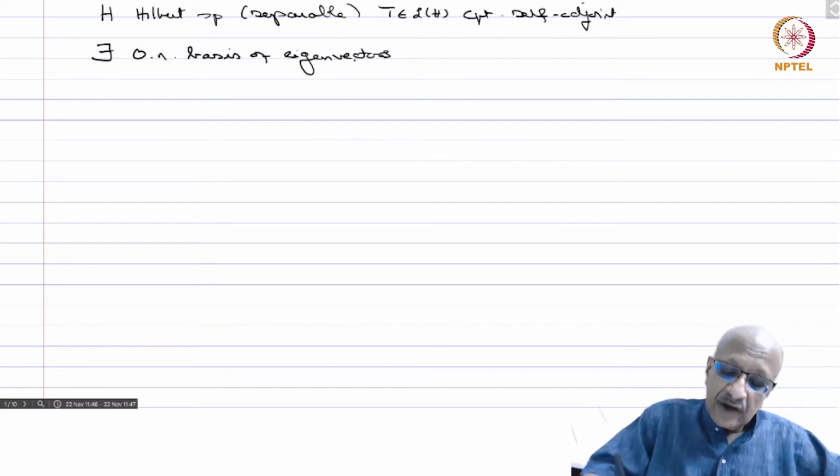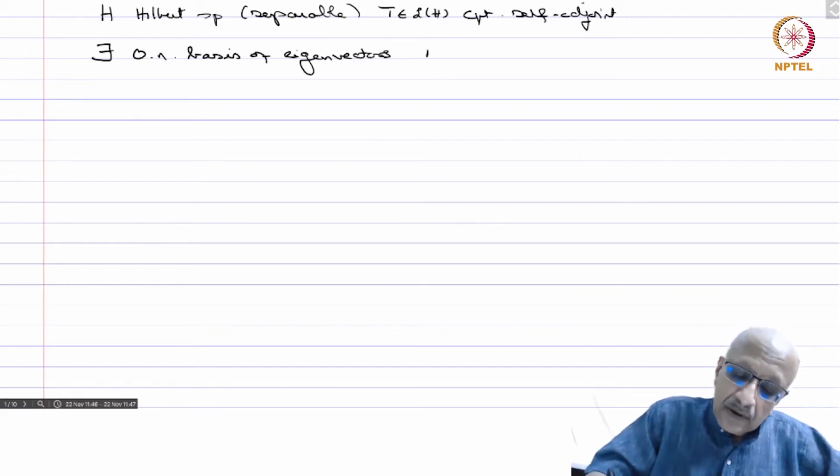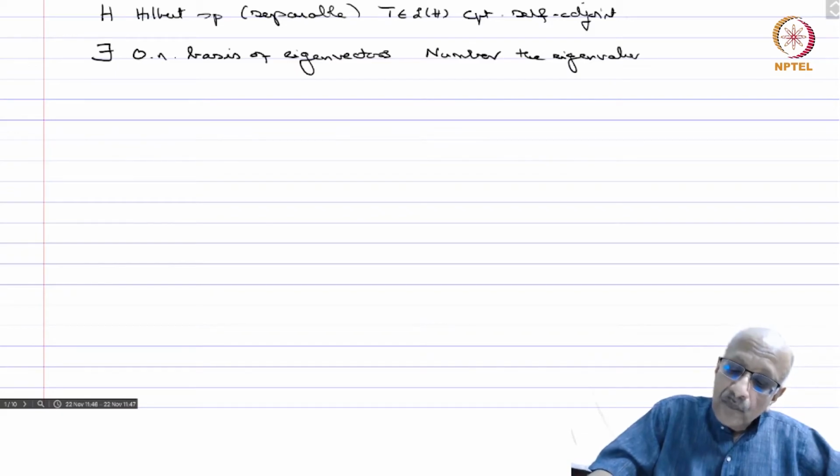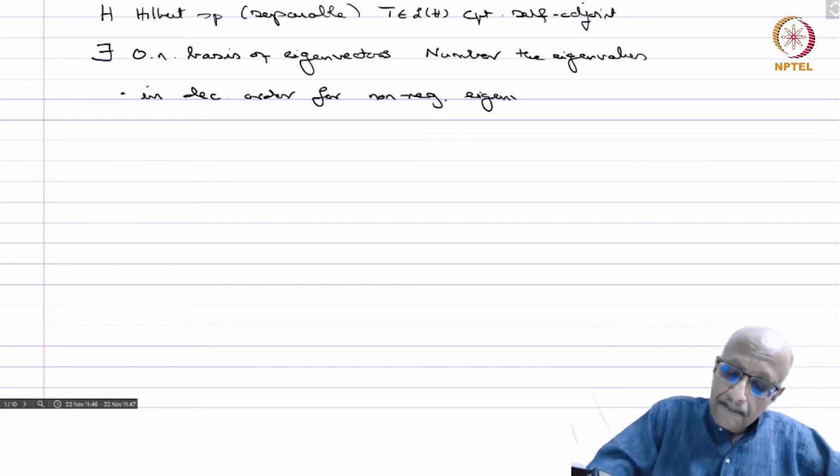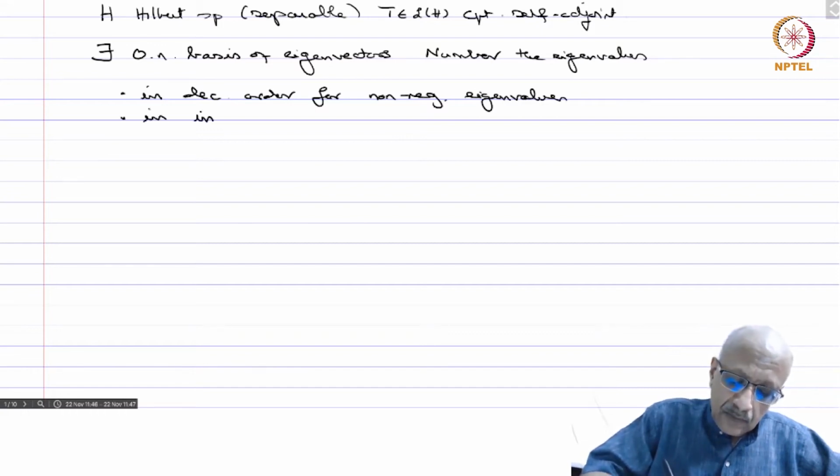For each eigenvector, choose a corresponding eigenvalue, and then we number the eigenvalues in decreasing order for non-negative eigenvalues and in increasing order for non-positive eigenvalues.